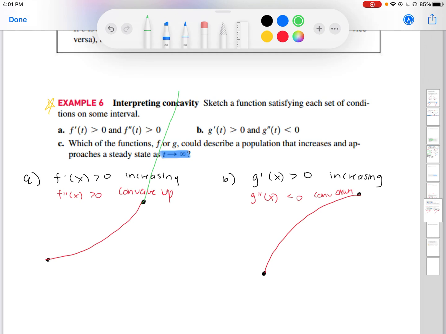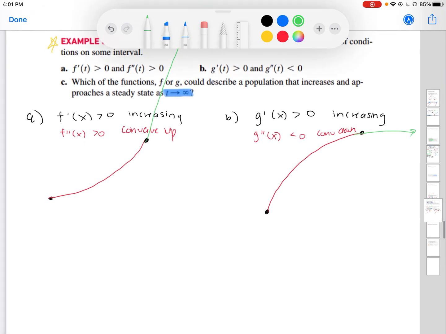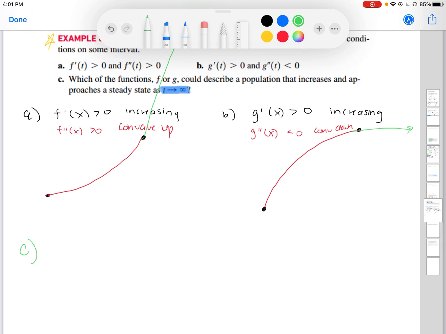If it's positive with concave up, it's going to go up forever. Now, if it's positive, increasing, concave down, it's going to slowly reach a limit. So for C, our answer would be B, which would reach some type of horizontal asymptote. So that can be an example of a population that approaches a steady state.